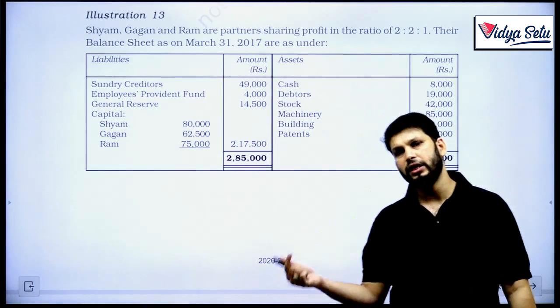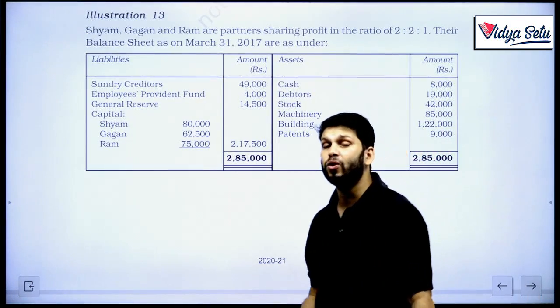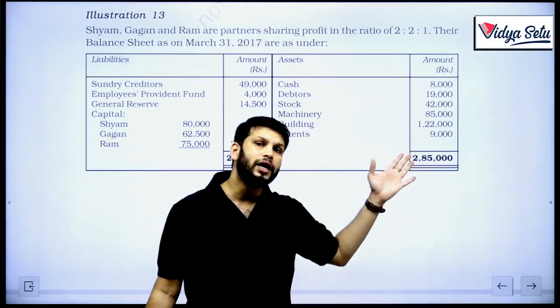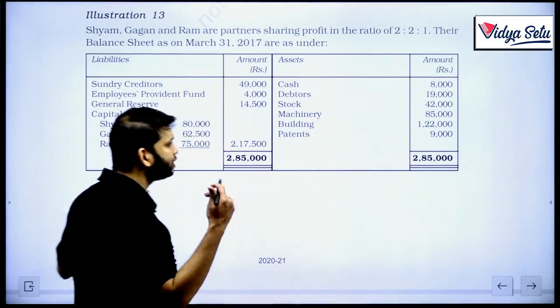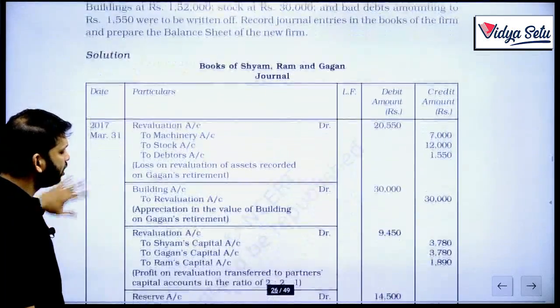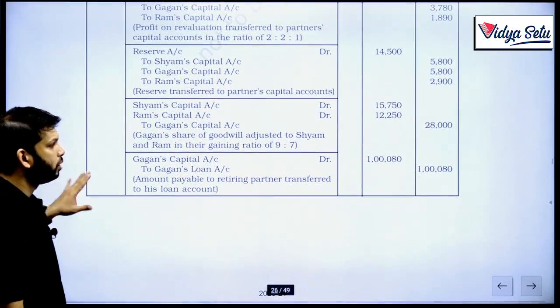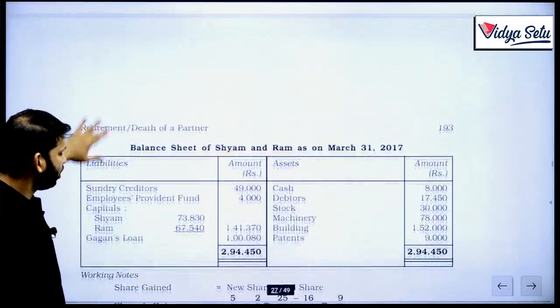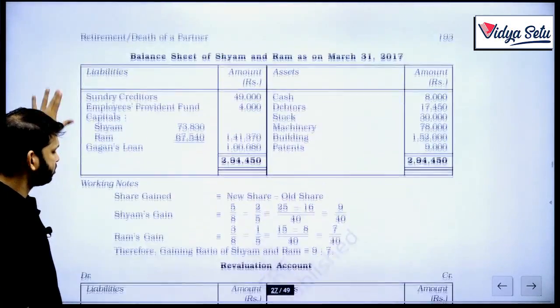It is not mentioned that it is to be transferred to the loan account, but we can see the firm's position is not enough to pay the entire amount in cash, so it is obvious that it will be transferred to the loan account. You need to be very careful about that also. It is being transferred to the loan account, and that's our balance sheet.